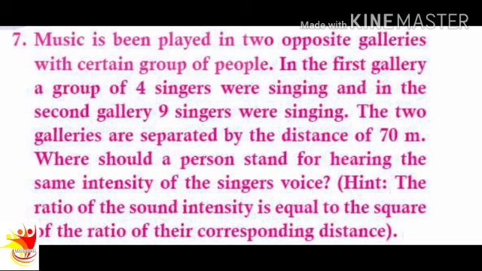Where should a person stand to hear the same intensity of the singers' voices? Hint: the ratio of the sound intensity is equal to the square of the ratio of their corresponding distances.